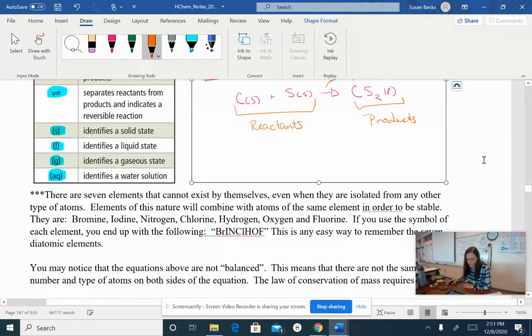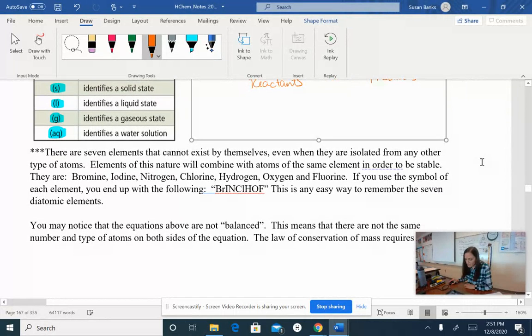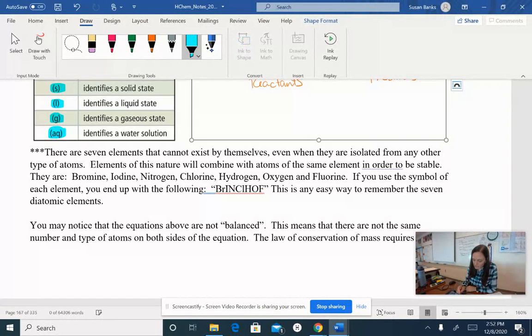There are 7 elements that cannot exist by themselves, even when they are isolated from any other type of atoms. We already went over them. Elements of this nature will combine with atoms of the same element in order to be stable. I'm going to highlight them again.